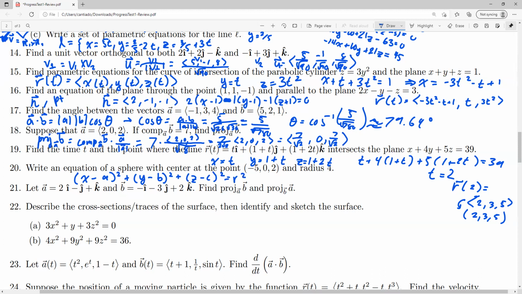Very straightforward. As long as you plug it all into this equation, you'll get x plus 5, all that squared, plus y squared, plus z minus 2 squared is all equal to 16. And that right there is perfectly fine as your equation of a sphere.